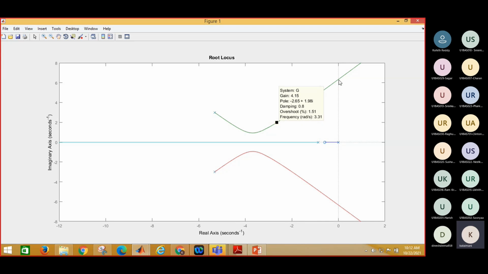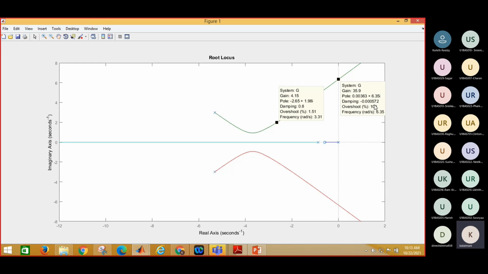If you go to gain values of 35.8, if you put your amplifier gain more than 30.58, the system becomes unstable. Where the root locus branches cross the imaginary axis, my maximum amplifier gain value is 35.9. At 35.9 I have lesser damping, that means the damping is almost zero.